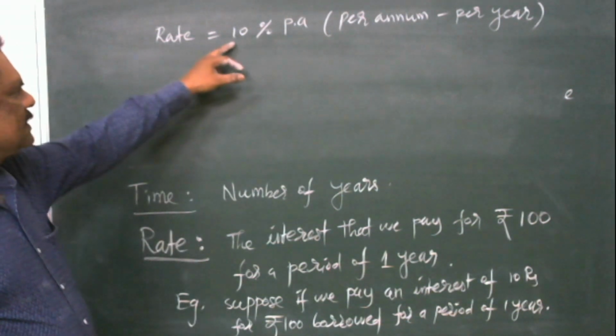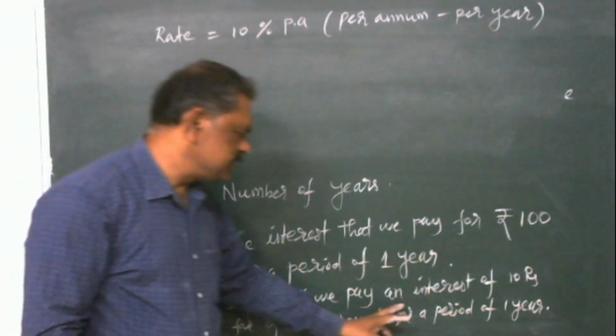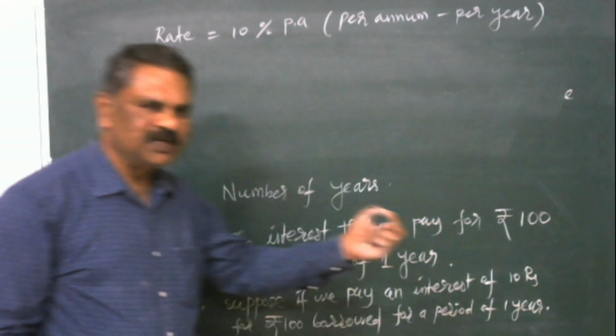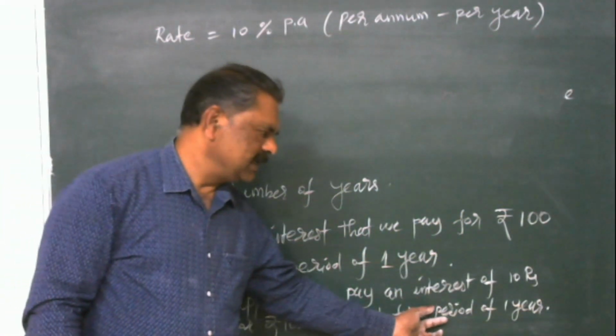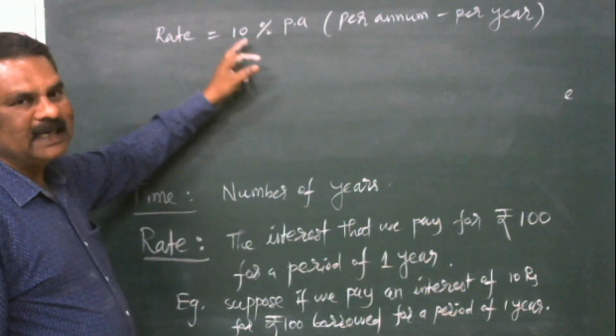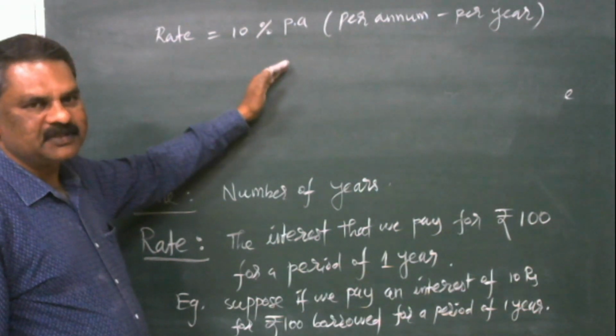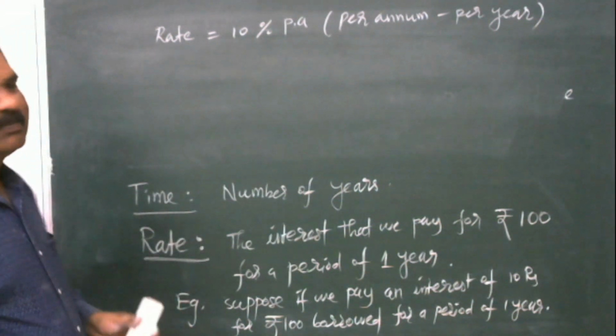Here we are paying just 10 rupees interest. The amount borrowed is 100 rupees, time taken is 1 year. So we write it as 10% per annum.